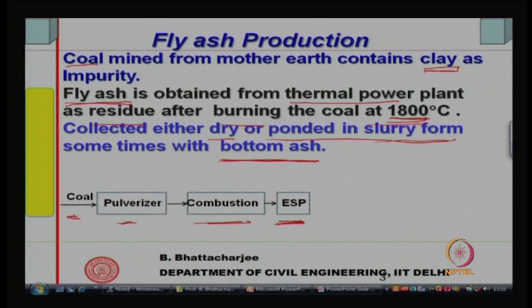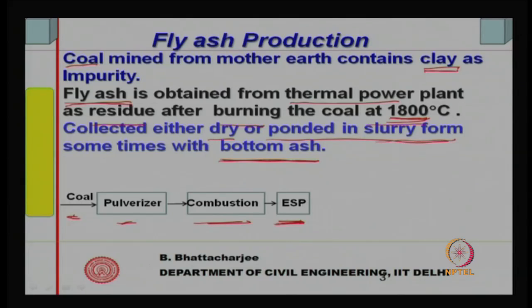So, these charged particles, when they come across those electrostatic precipitators which have electrically charged plates, are precipitated and then collected, followed by fly ash production.